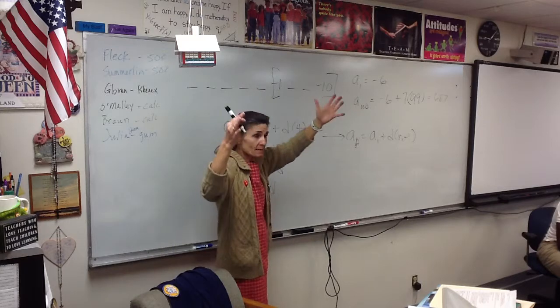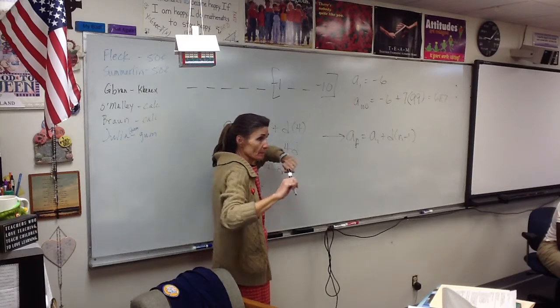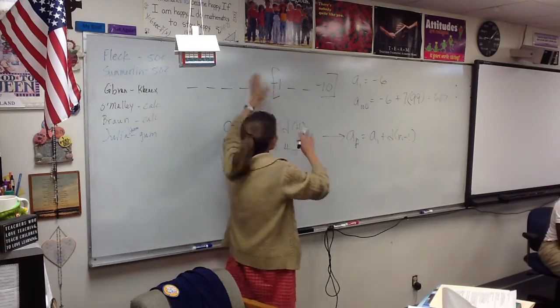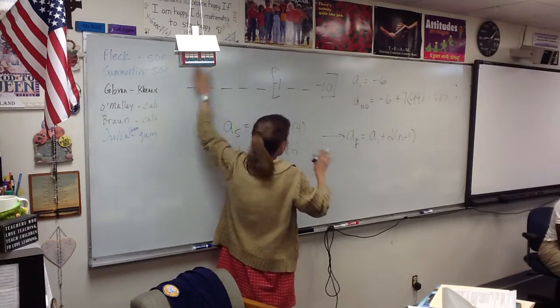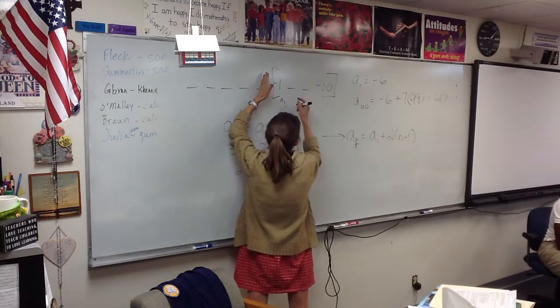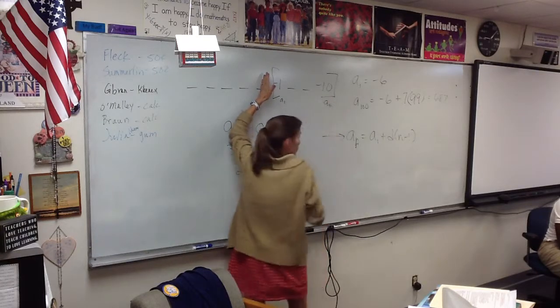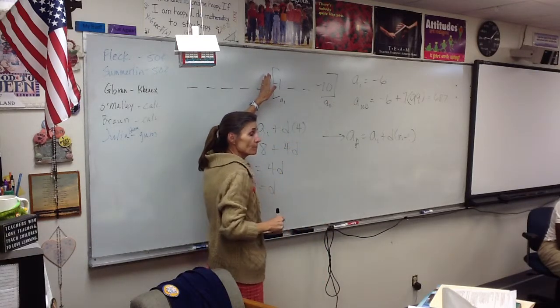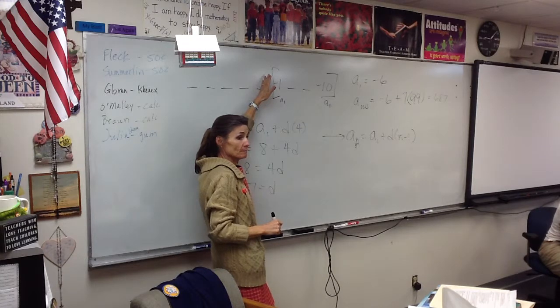The two terms I know. If I just chop it off and say, I don't even care about all that stuff, then this becomes my first term, and this becomes my fourth term. Would you agree with that?